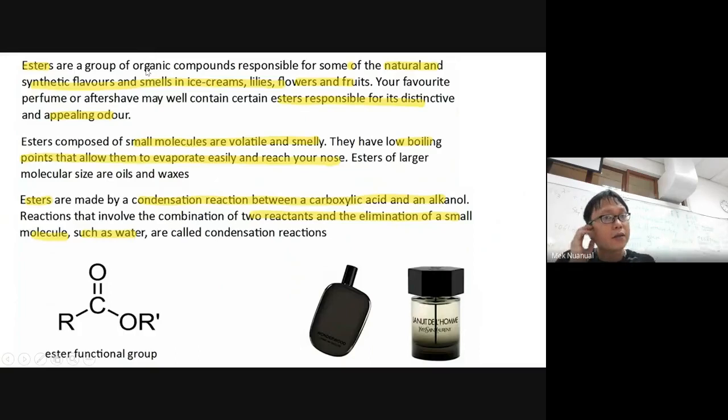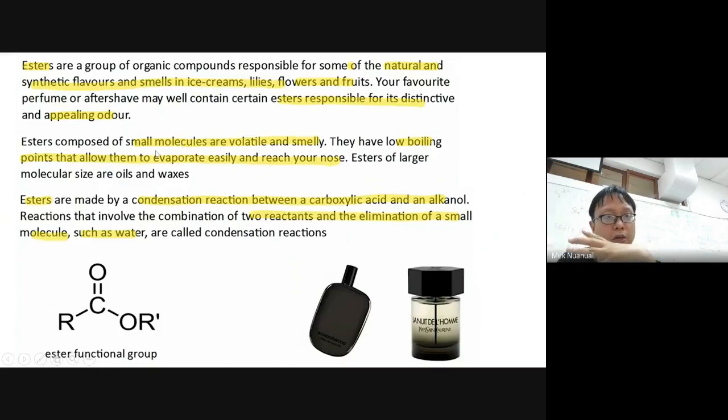Now, esters are another group of your organic compounds, right? These are small molecules, and they're very volatile, okay? Because they're small, they can easily reach your nose, and because they become gas so easily, that's why they often give the strongest smells.